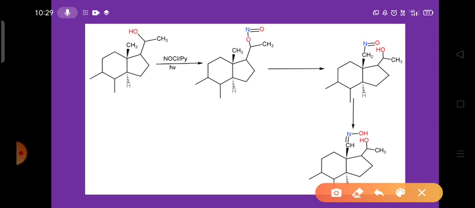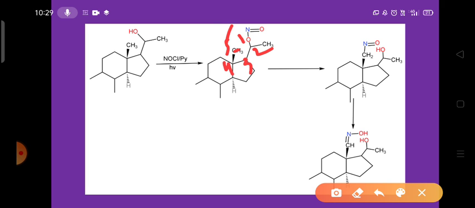Look here. This is alpha, this is beta, this is gamma, and this is the delta carbon. We can use alpha, beta, gamma, delta, or we can give numbers also. From oxygen we count 1, 2, 3, 4, and the fifth carbon.